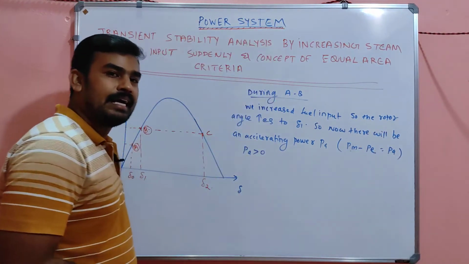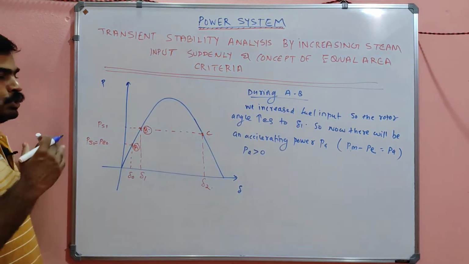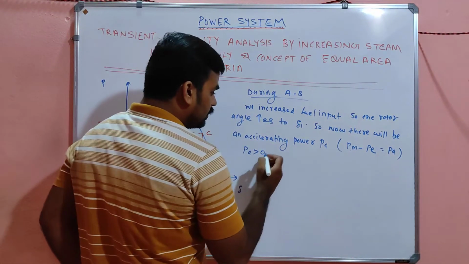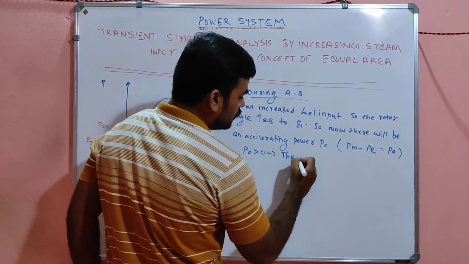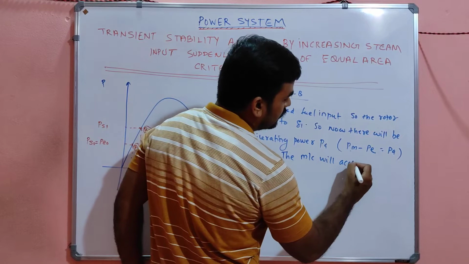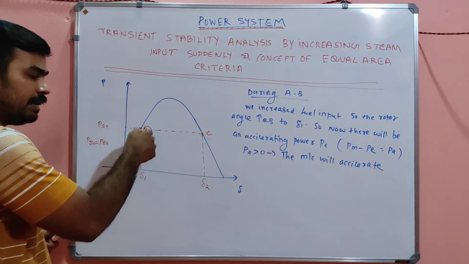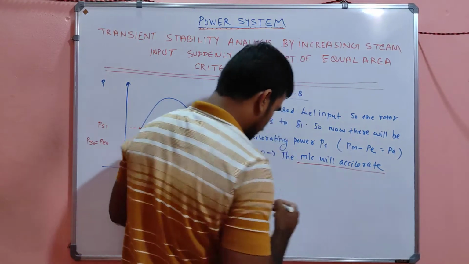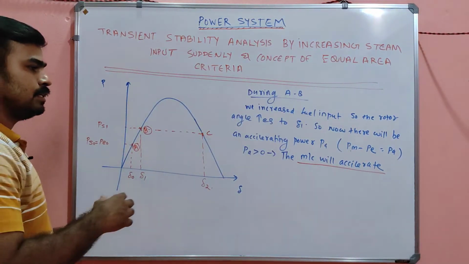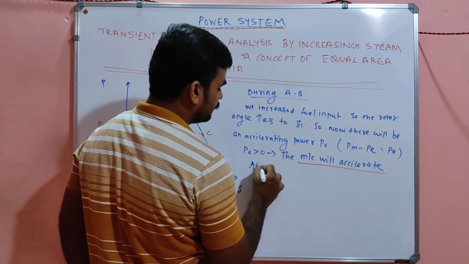PM will be higher because we are increasing the rotor angle. So at point B the machine will accelerate. That is very important. During the trajectory AB, the machine will accelerate because we increased the fuel input.